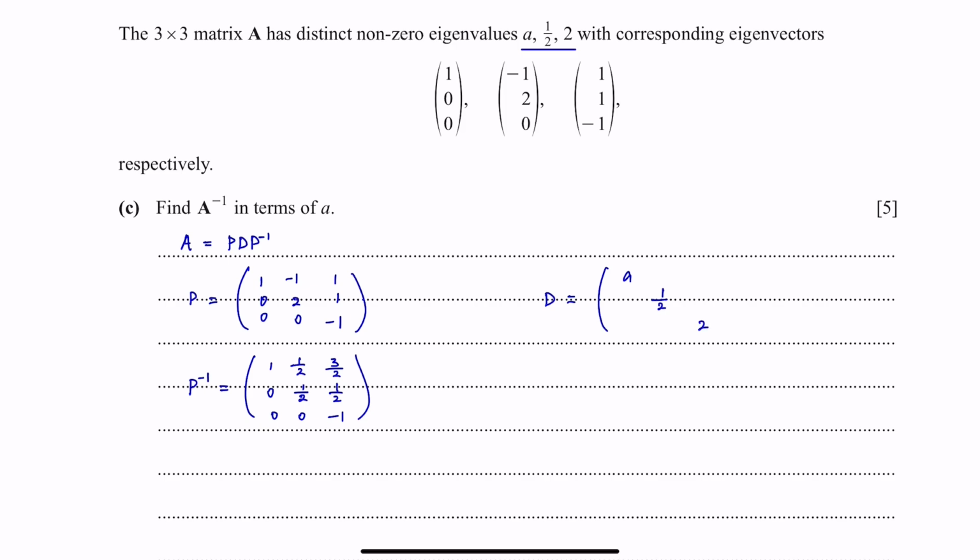We need to write it in this sequence. And we just write 0 in the other spots.